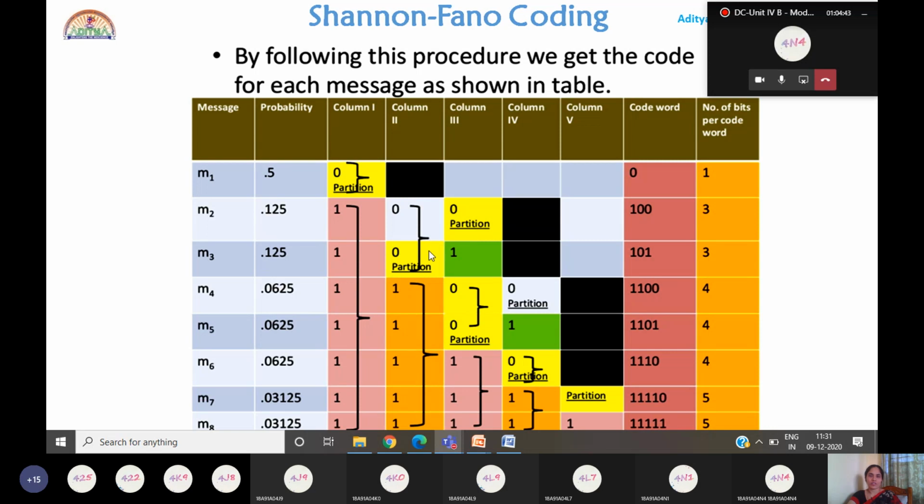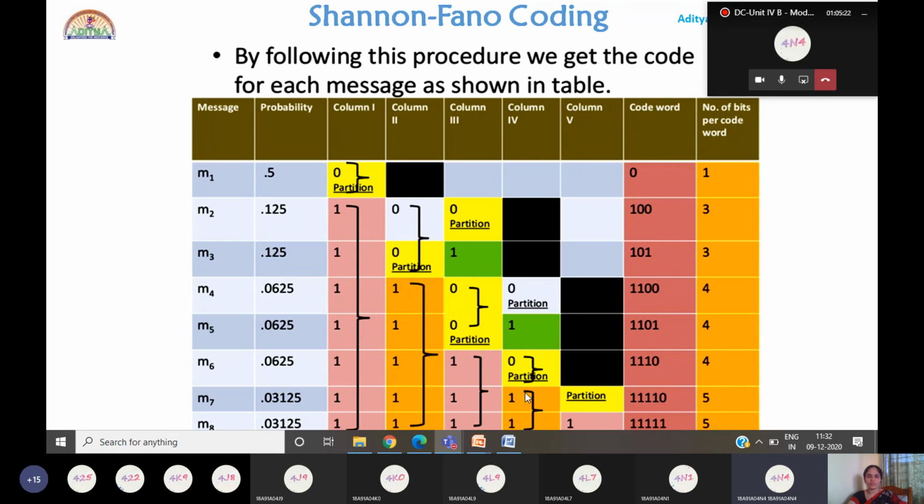Next, similarly, for M4 and M5, we add those probabilities 0.0625 and 0.0625, so you will get 0.125. That is approximately equal to the probabilities of M6, M7 and M8. So assign 0 to M4, M5 and 1 to M6, M7 and M8. Good. For M4 and M5, partition and assign 0 to M4 and 1 to M5.